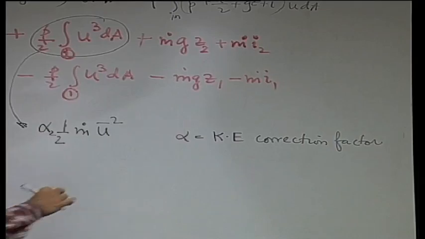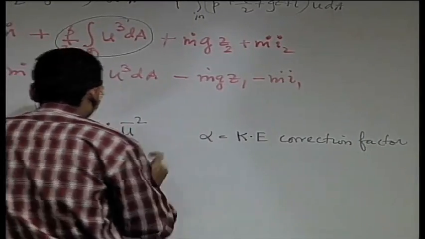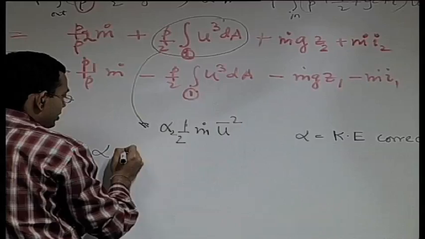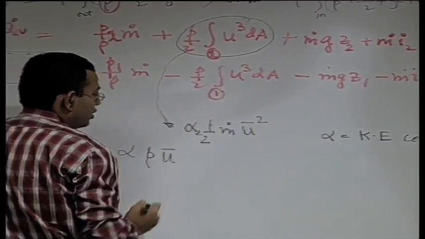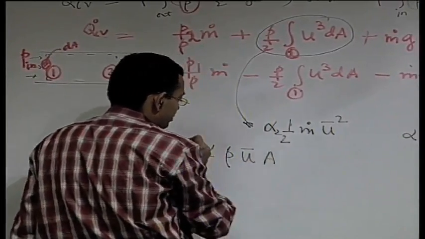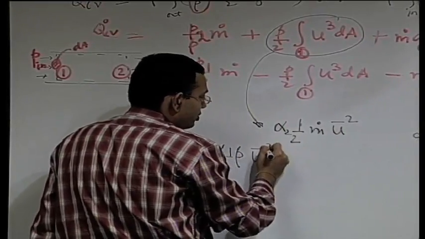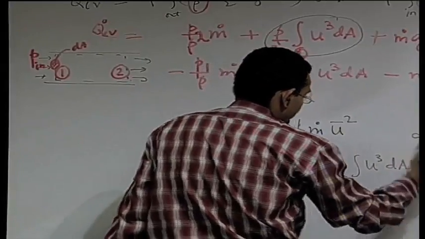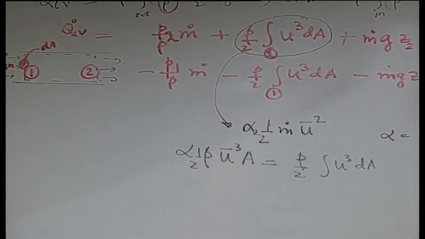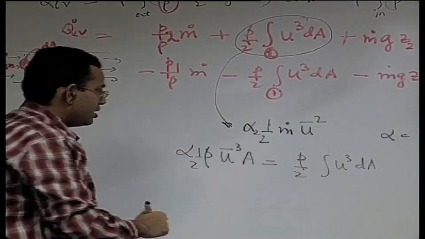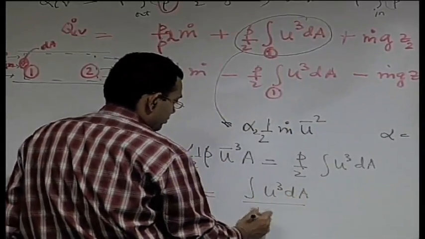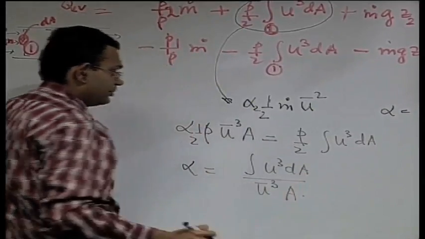So the kinetic energy correction factor will be: alpha into m dot, which is rho u average into A into half into u average square, so u average cube, is equal to rho by 2 integral of u cube dA. So you can now write an expression for alpha as integral of u cube dA over this one.